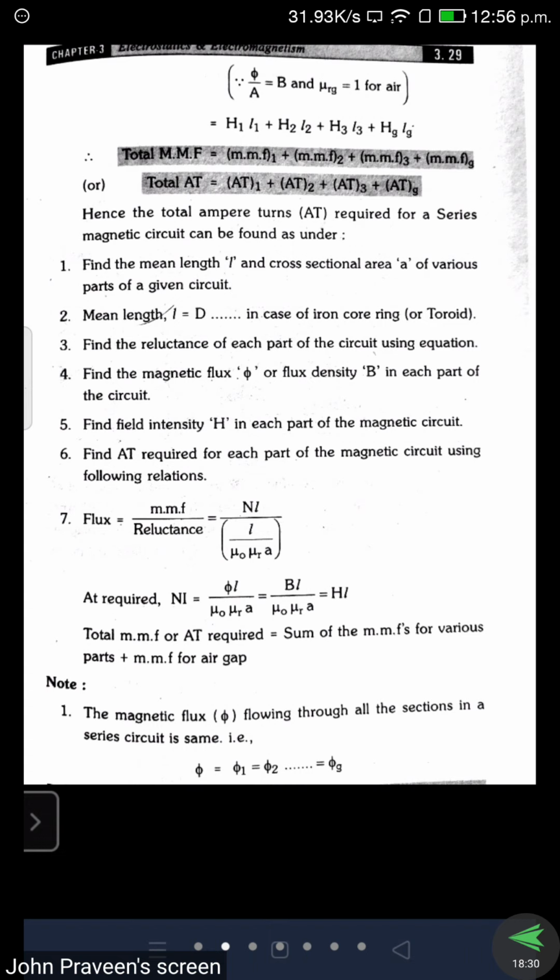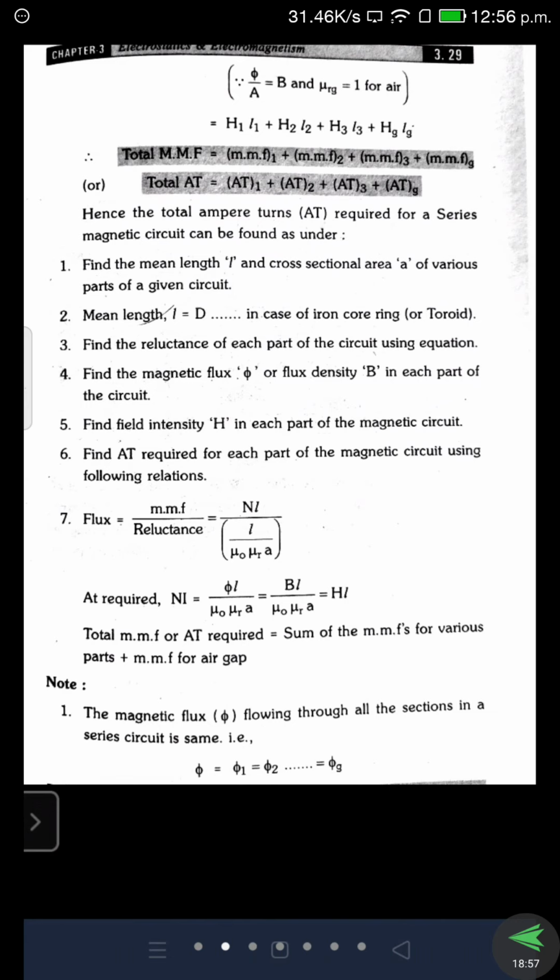Similarly, if 3 different materials are combined with no air gap, we calculate 3. If an air gap is provided, we calculate 4 MMFs. If there are 4 metals with an air gap, the calculation becomes 5. With 6 materials and an air gap, 7 calculations will be needed.